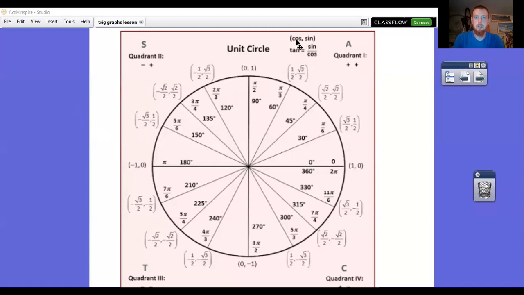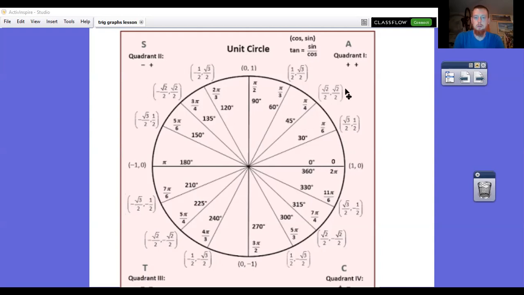And basically, it all goes off of taking our angle measures that we use as our input values, our x values, and the output values, the y values that we're going to graph are going to be the values of sine.